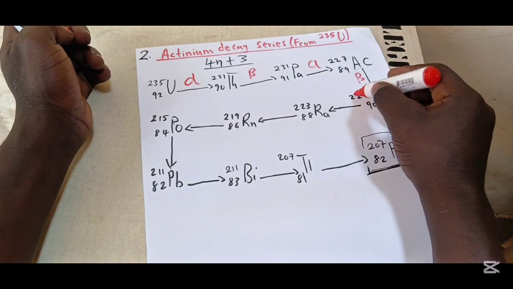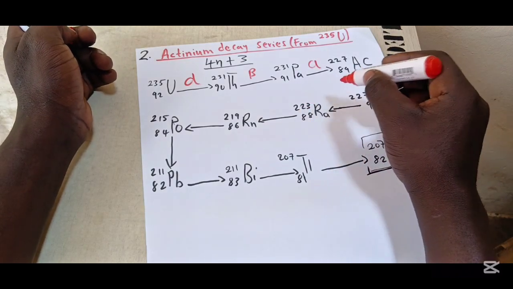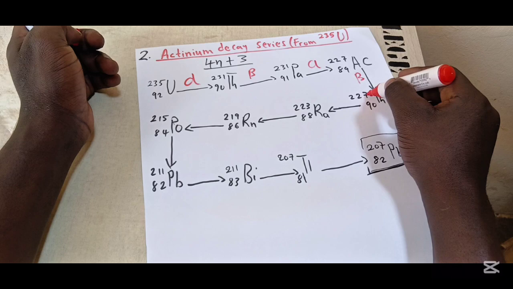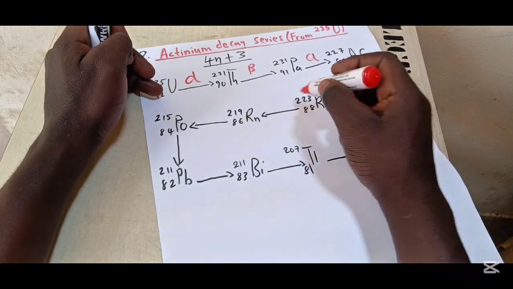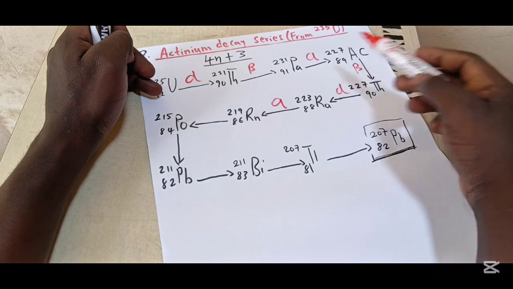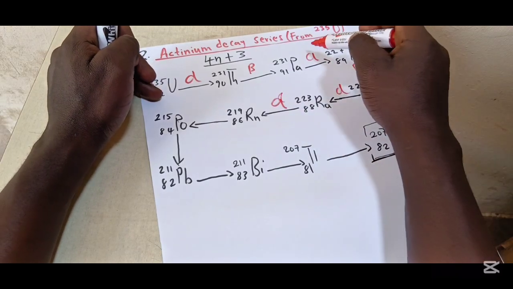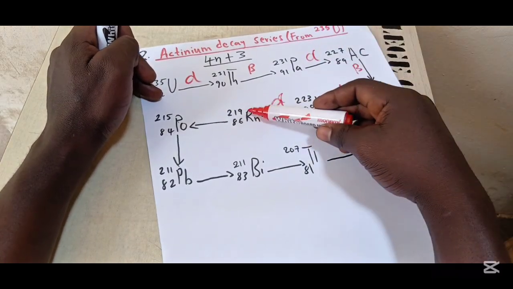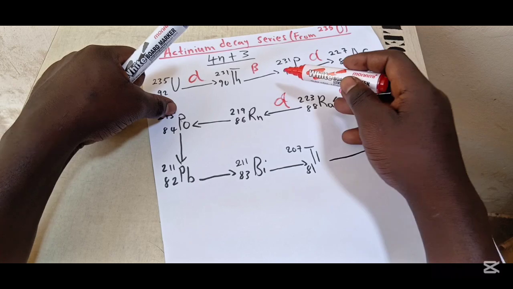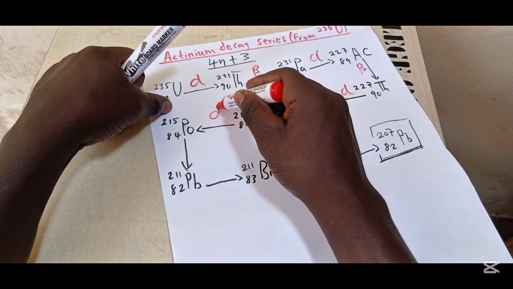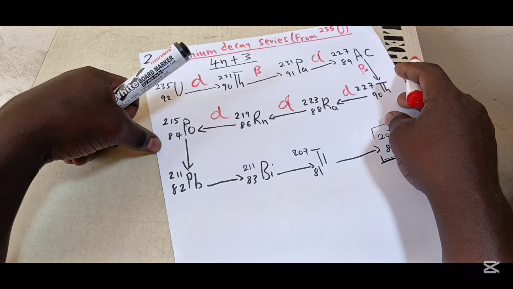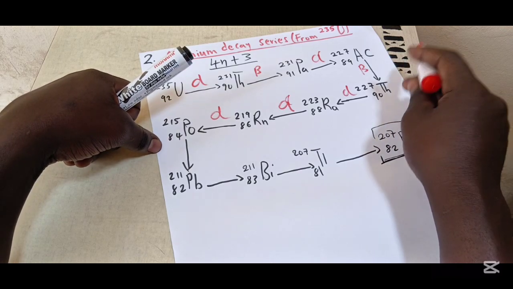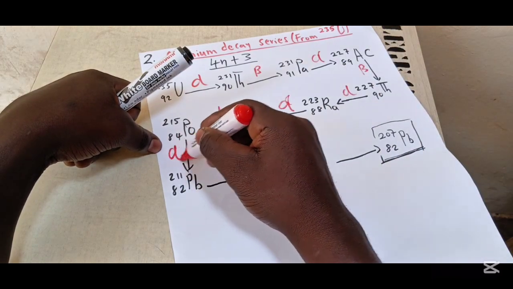So here 227 to 223, an effect on mass number, so alpha. 223 to 219, alpha. You can write your alpha very well. So 219 to 215, what effect is here? Alpha. 215 to 211, this is also going to be alpha.